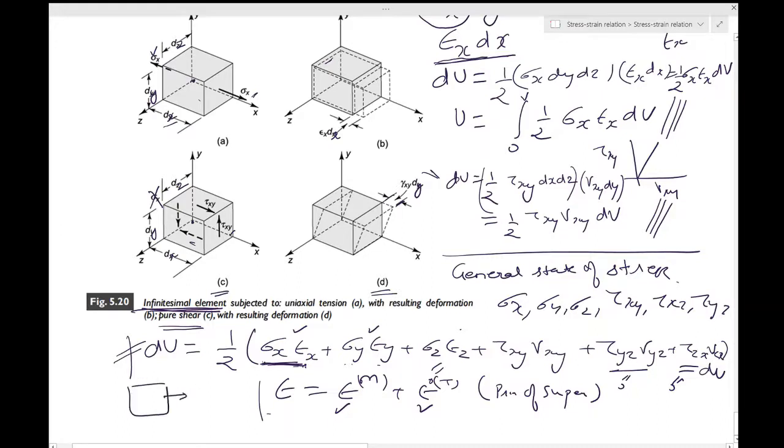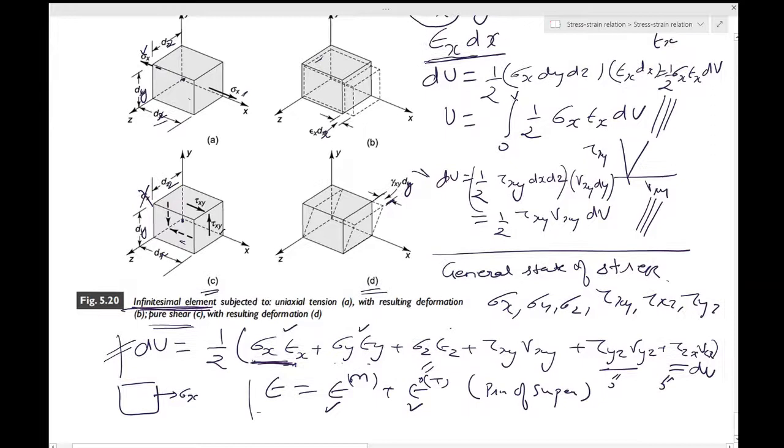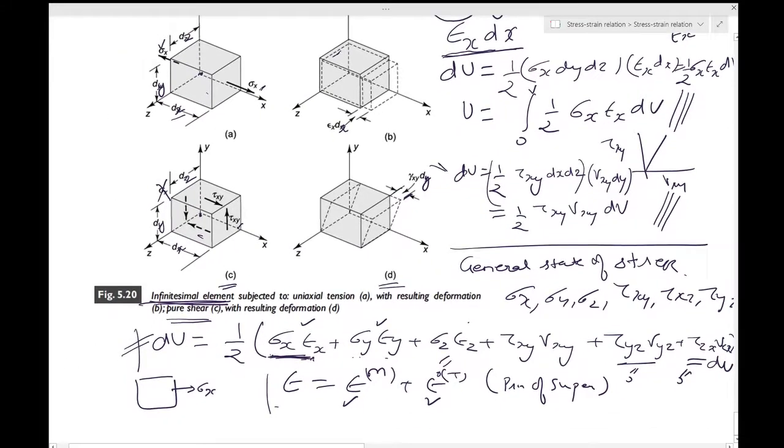You have a sigma x. What you do is you start with an undeformed body. Right now there is no energy in it, so the strain energy is 0. You gradually increase it from 0 to sigma x first. See the contribution due to that, let's call it du1.